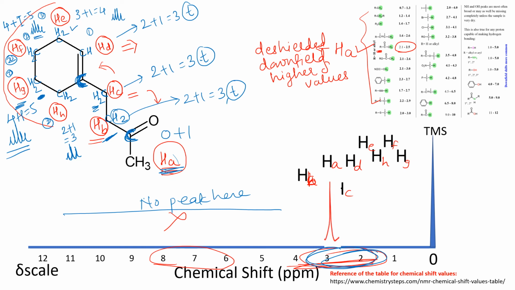See, this is HB, then we have HA, HC, HE, HH, HF. This is how the 1H NMR spectrum would look for this particular structure.